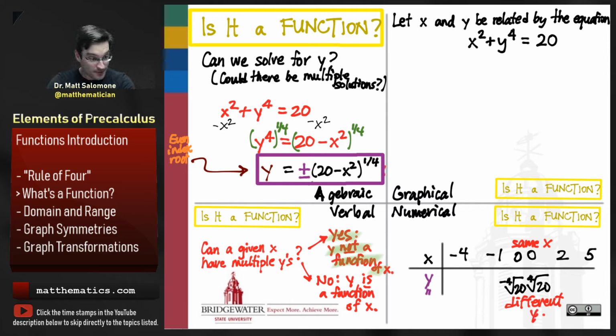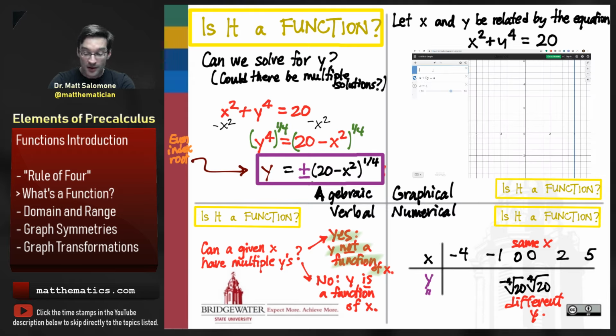Now let's go to the graph. Again, the wonderful thing about technology is that it's going to allow us to just sketch this graph directly right in there. Let's see what the graph looks like. Just open our Desmos grapher and type in x to the second power plus y to the fourth power is equal to 20. And lo and behold, this graph, this red set of points, does not pass the vertical line test. As I sweep this vertical line through, almost every vertical line that intersects this graph at all intersects it more than once.